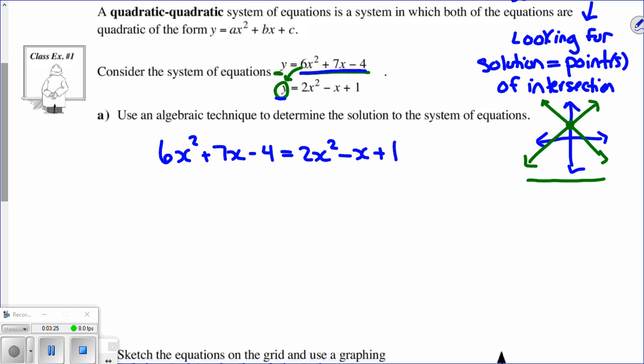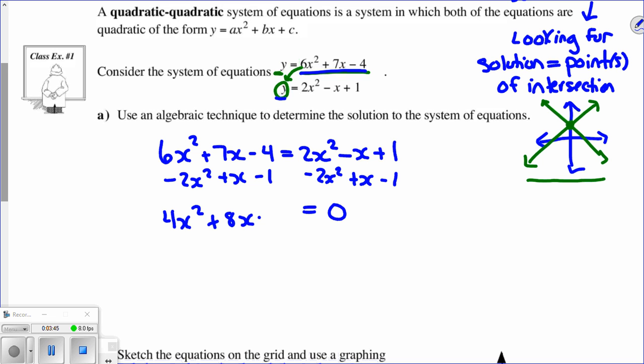So let's take everything to one side. I'm going to subtract the 2x squared, add an x, and subtract a 1 from both sides. So this will all go away. I have 0 over here. On the other side, I'm going to have 4x squared plus 8x minus 5.